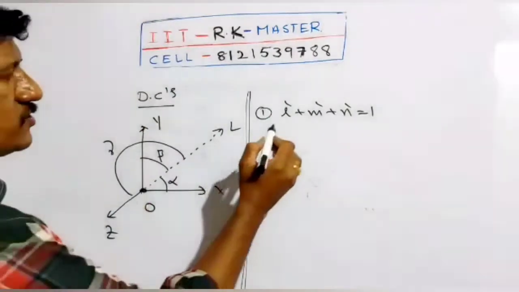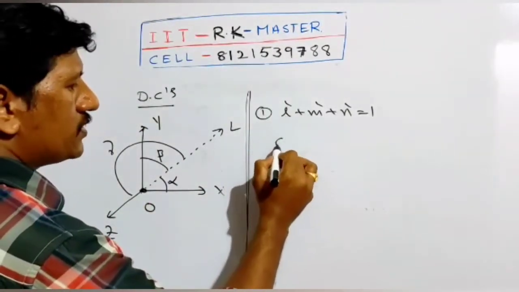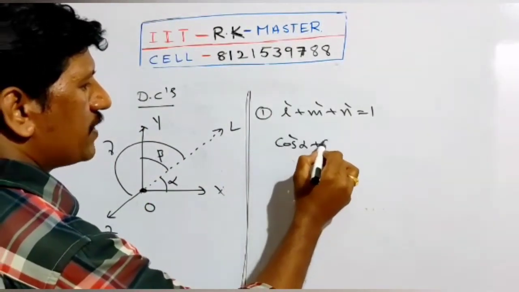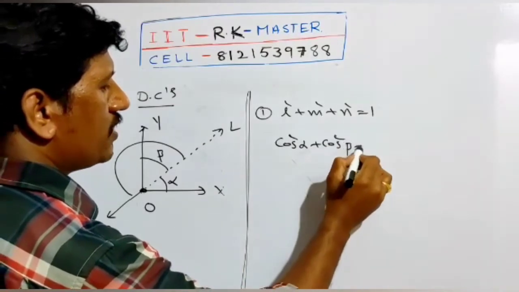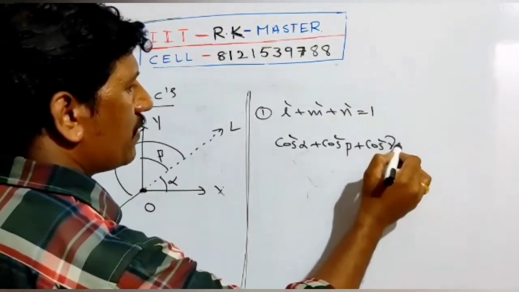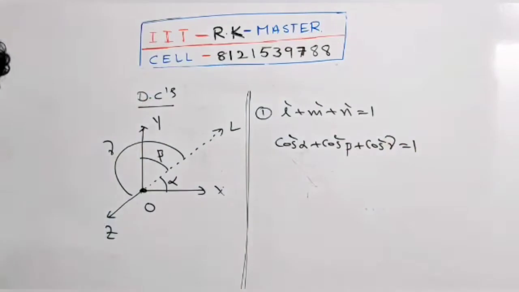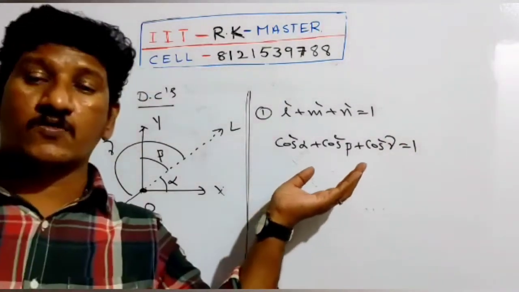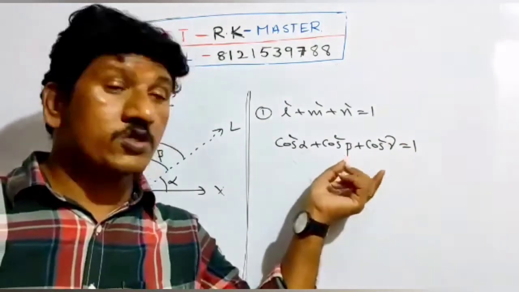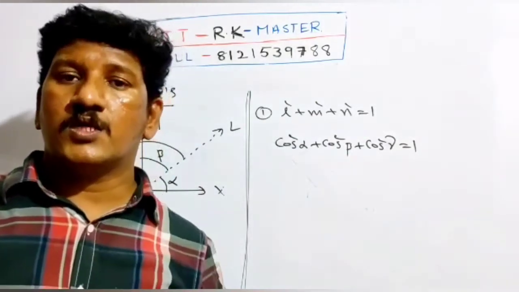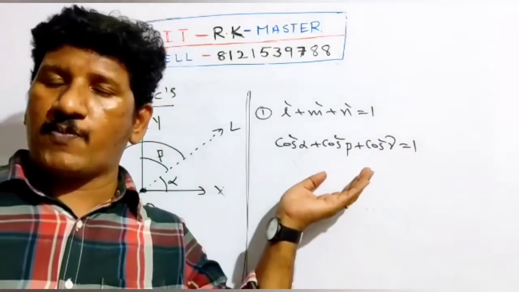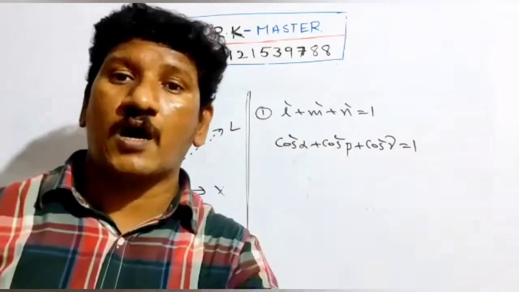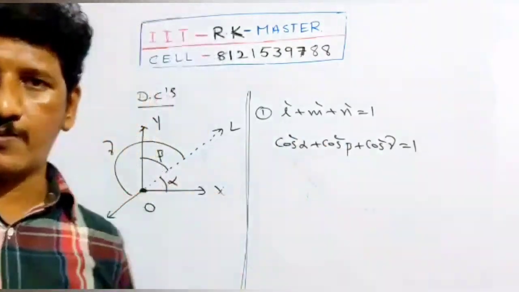So this is cos square alpha plus cos square beta plus cos square gamma is equal to 1. The most important condition. In the future, with the help of this formula, we are going to solve n number of JEE Mains problems.